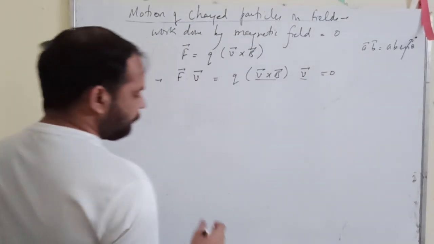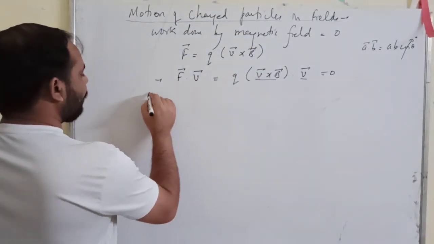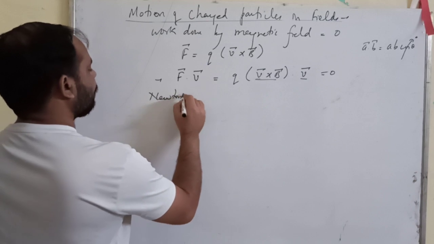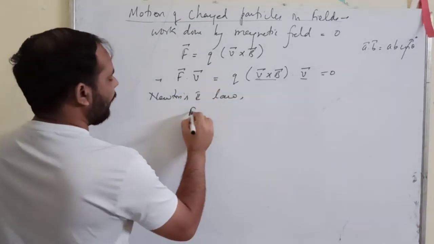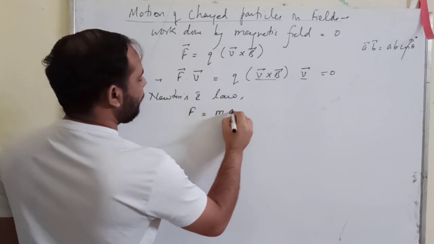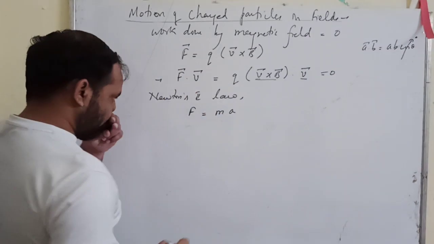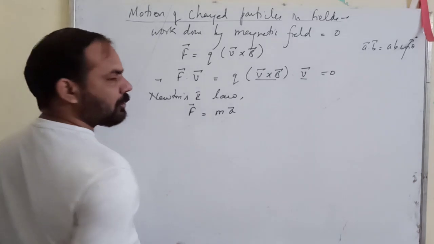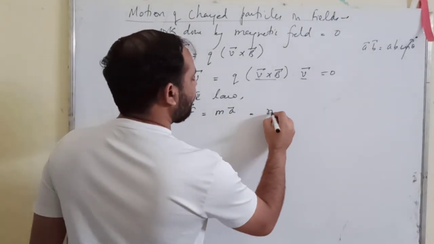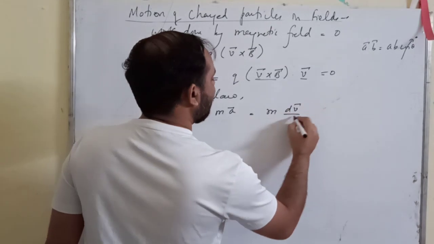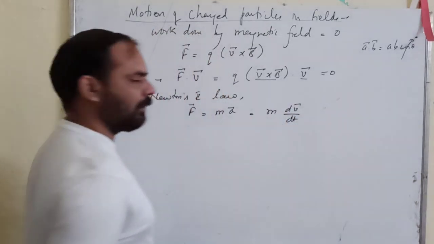Okay. Now by Newton's second law, F is equal to ma, right? You can write the force vector equals mass into acceleration, and you can write this as m dv upon dt, right?